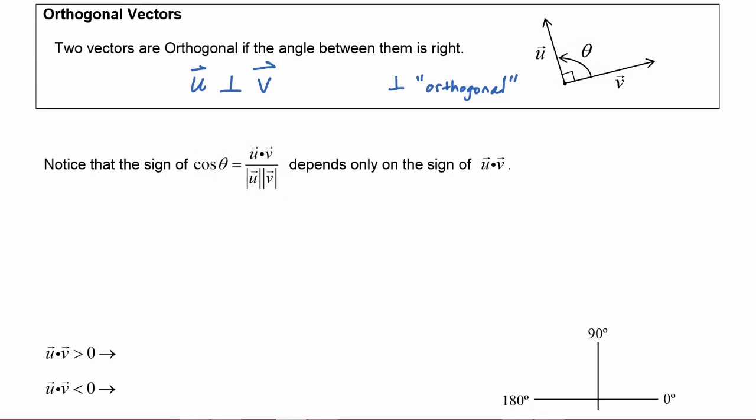Now remember, when we're talking about the size of something, that's always positive. So the magnitude of u is always going to be a positive number, and the magnitude of v is also always going to be a positive number. So the denominator is always positive.